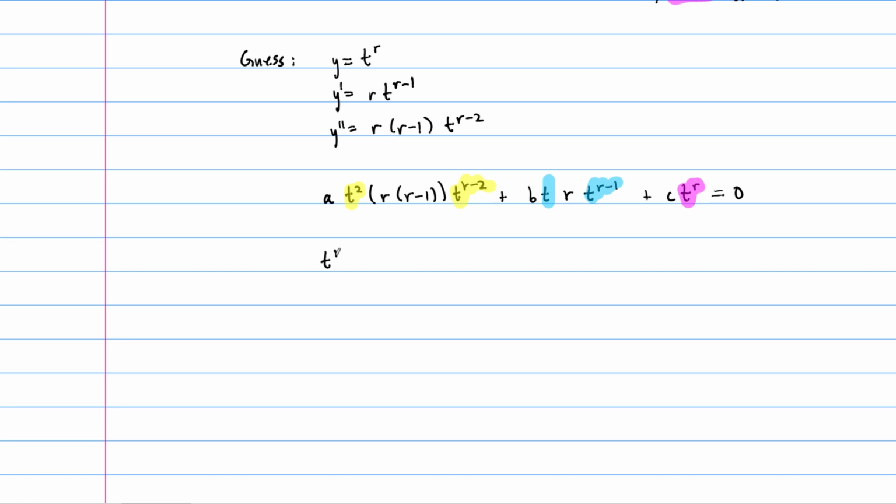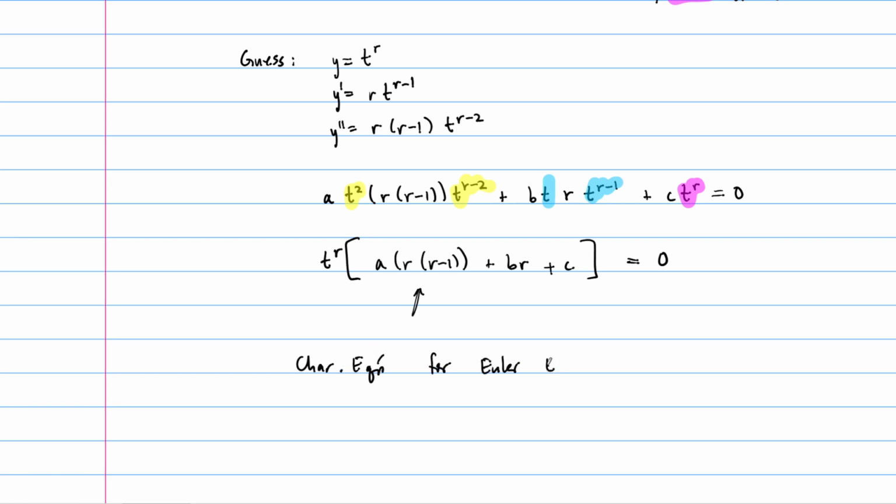We can factor out that t to the r, and we're left with the following portion of the equation: a times r times r minus 1 plus b times r plus c. This whole thing has to equal 0, right? But t to the r can't be 0, especially if t is positive. So this portion is what's got to equal 0. So this becomes our characteristic equation for an Euler equation.